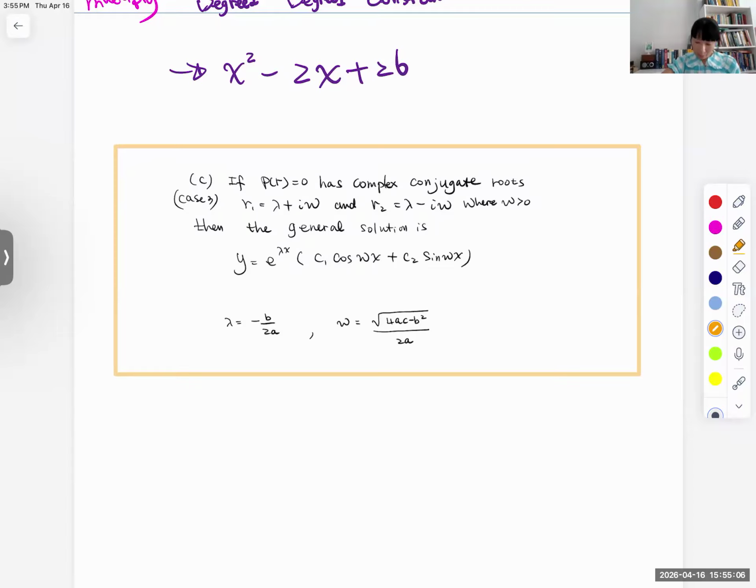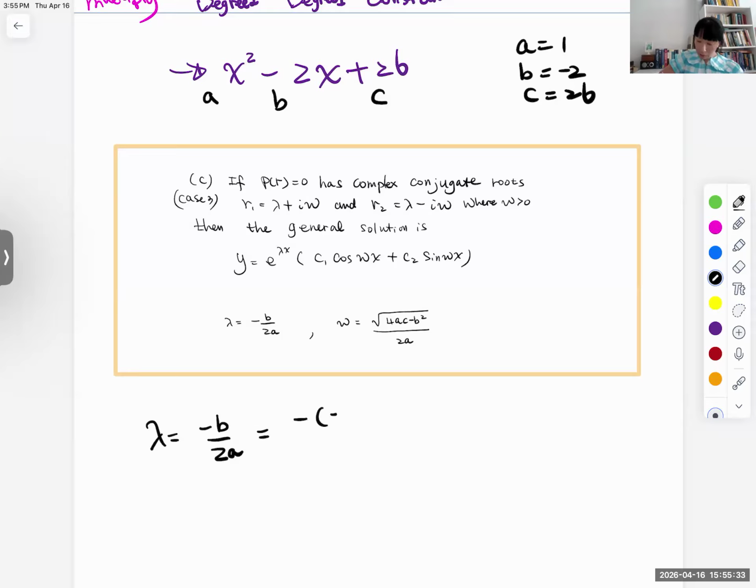All right. Now, lambda equal to negative b over 2a, right? So let us, using the formula, lambda equals negative b over 2a, and there is A, B, C. A equal to 1, B equal to -2, C equal to 26. So negative -2 over 2A, that will be 2 over 2 is the 1, right?